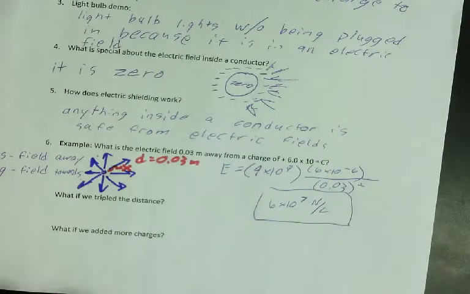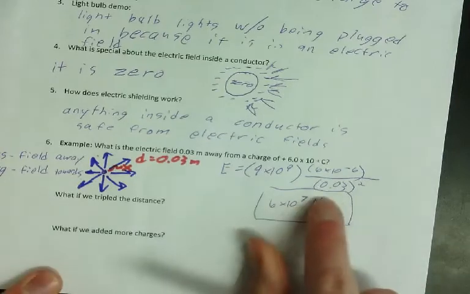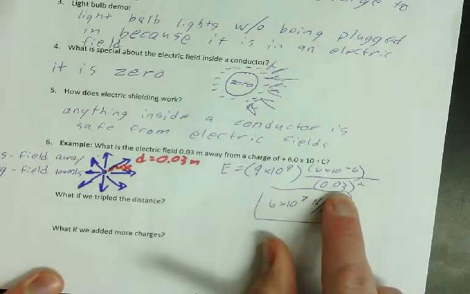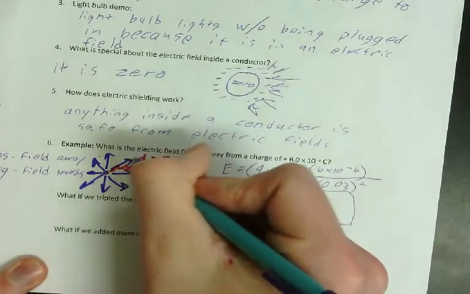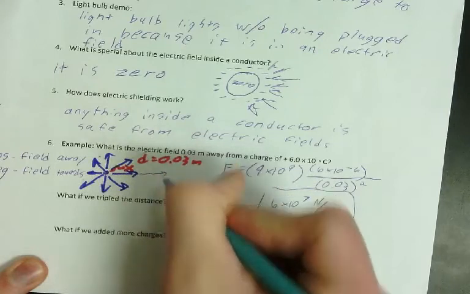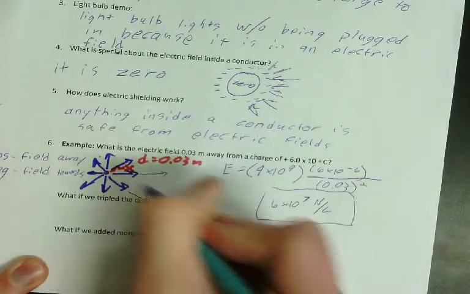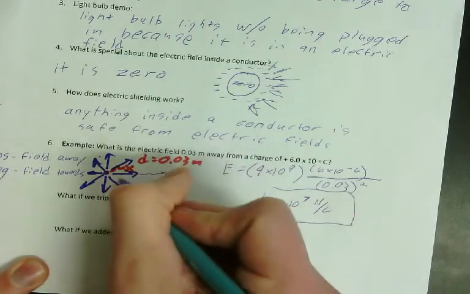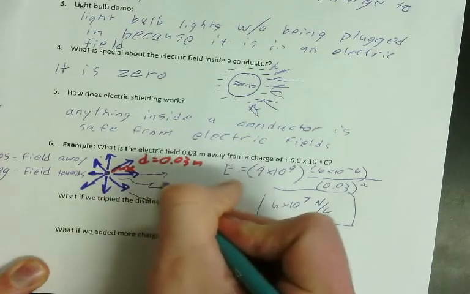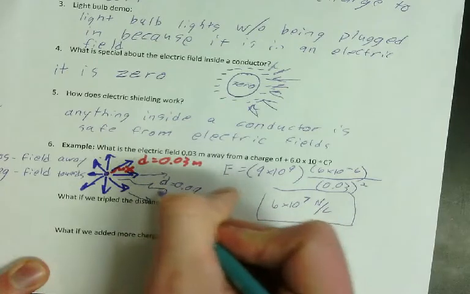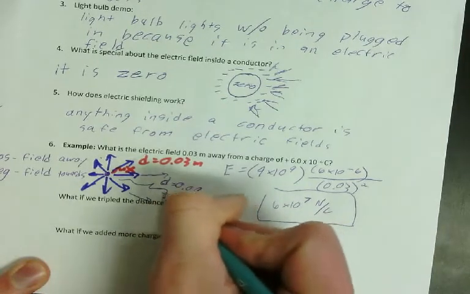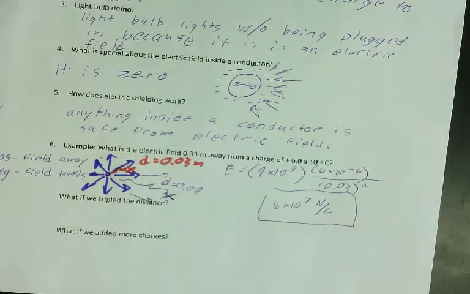So what happens if we tripled the distance? If we made this distance 0.09 instead of 0.03, we would be further away. And notice that as we get further away, the field spreads out, so it should be smaller. How much smaller?